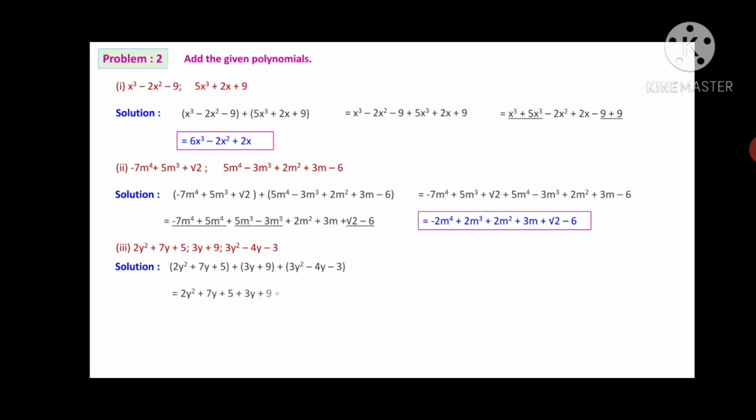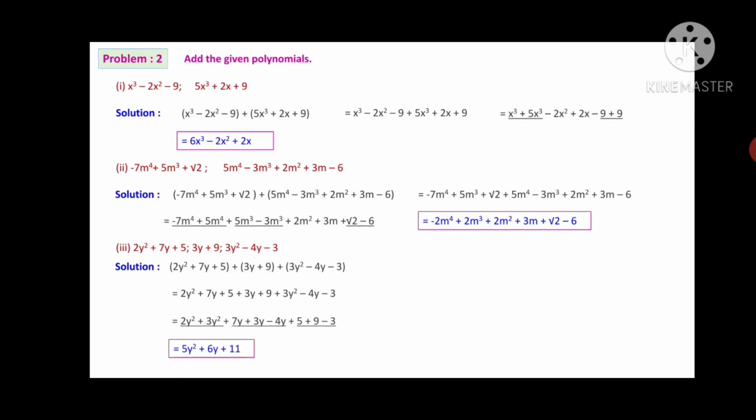We will split them: 2y square plus 7y plus 5 plus 3y plus 9 plus 3y square minus 4y minus 3. So all brackets are removed. Similar terms we will bring together: 2y square plus 3y square plus 7y plus 3y minus 4y plus 5 plus 9 minus 3. We simplify them, and the answer we get is 5y square plus 6y plus 11.